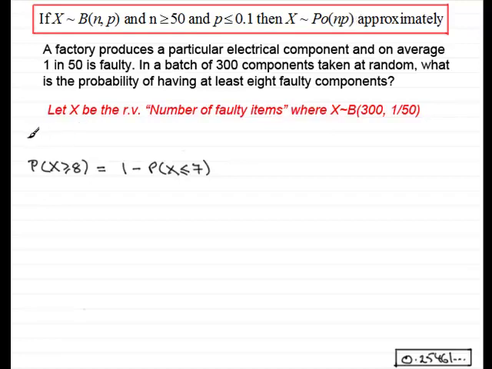So let's write that in here by saying that since n is more than 50, it's 300, p is less than 0.1, it was 0.02 for 1 in 50, then we can say that x follows a Poisson distribution, and we now need to work out the mean being n times p, 300 in this case times 1/50th.